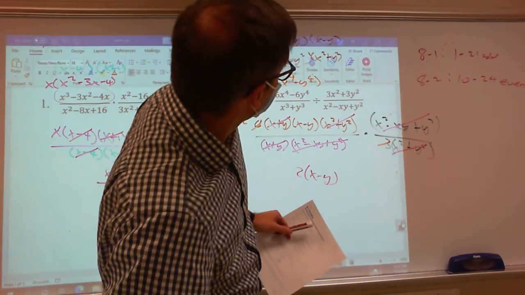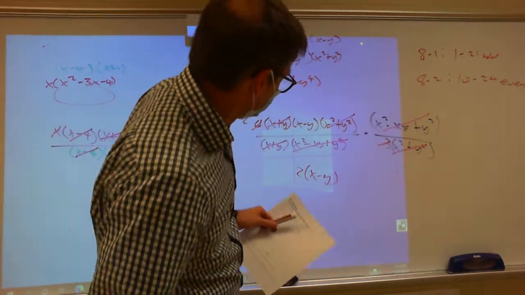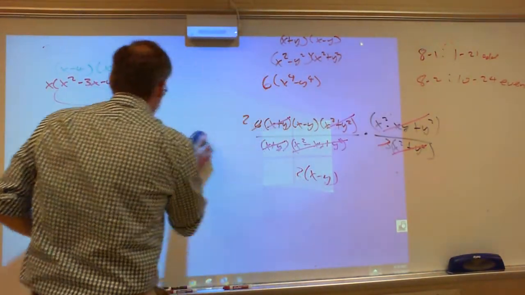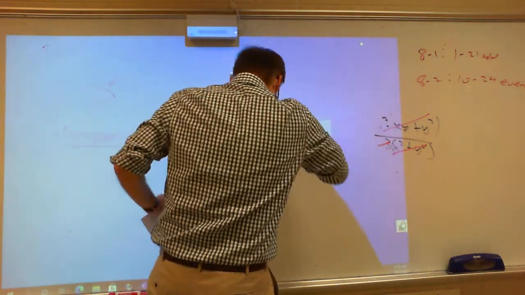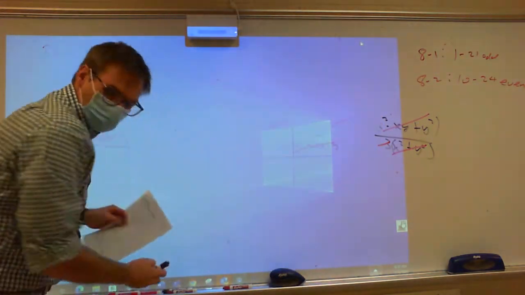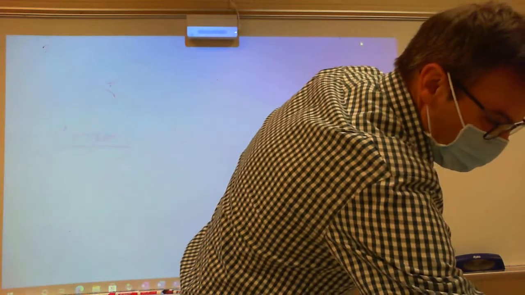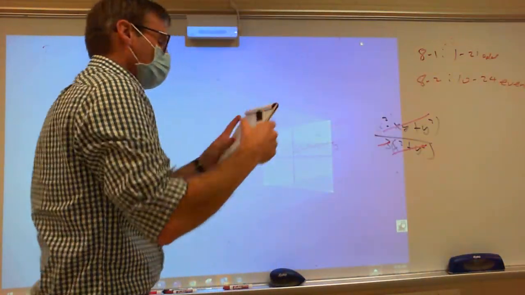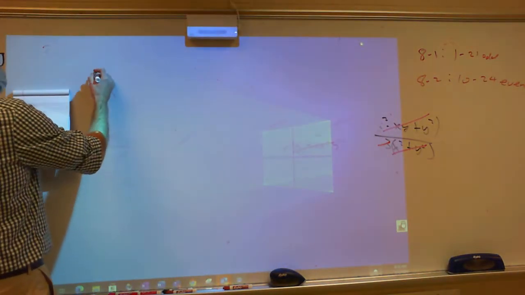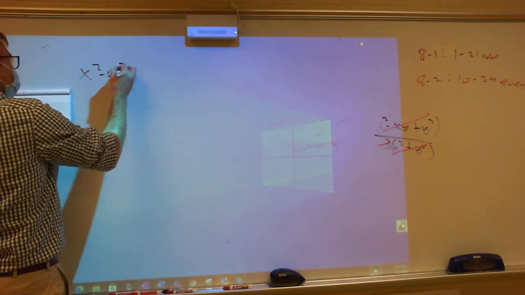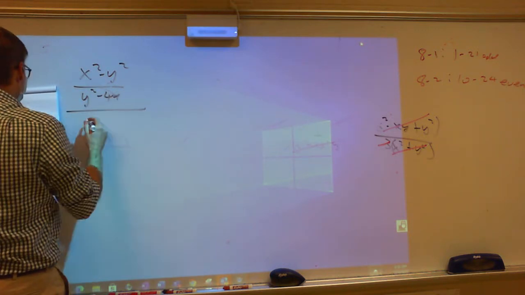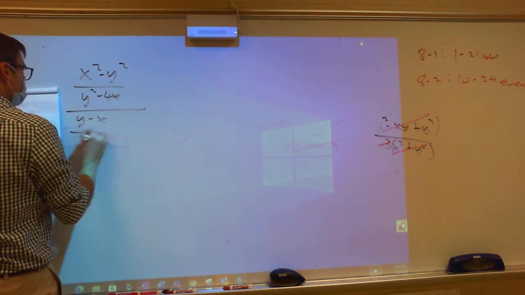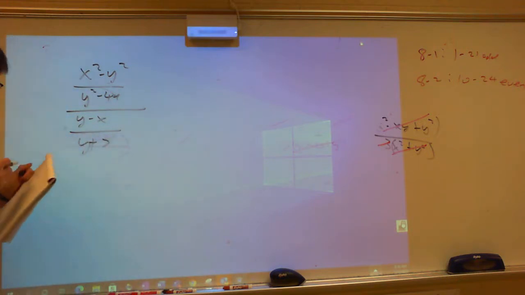So, first, major extension looks something like this. So if I give you x squared minus y squared over y squared minus 49 all over y minus x over y plus 7. I'll give you a few seconds to copy this down.